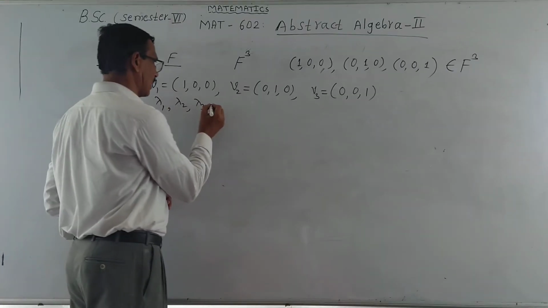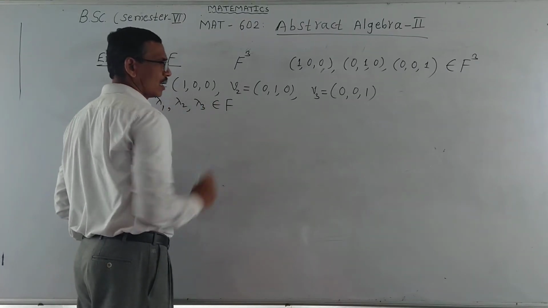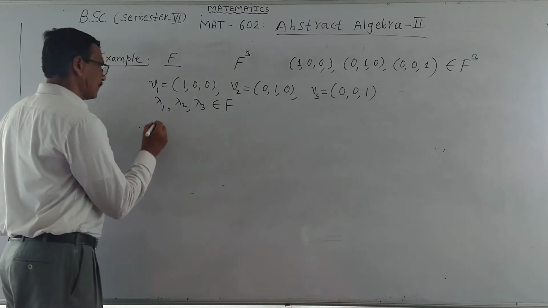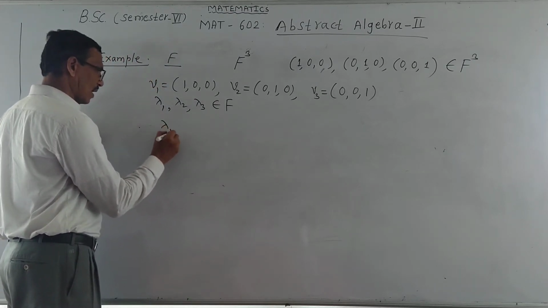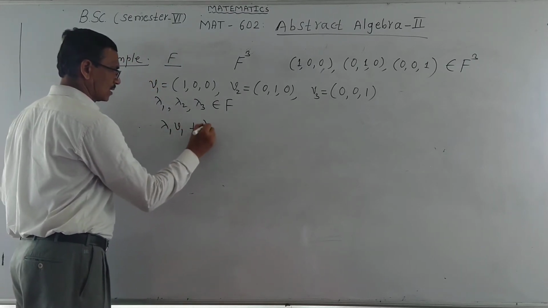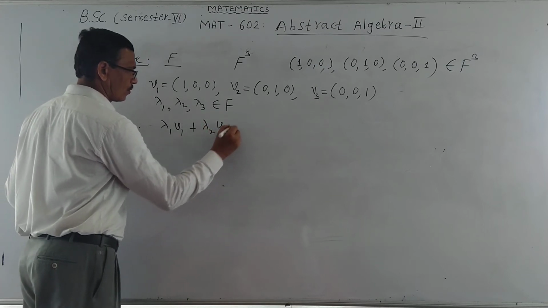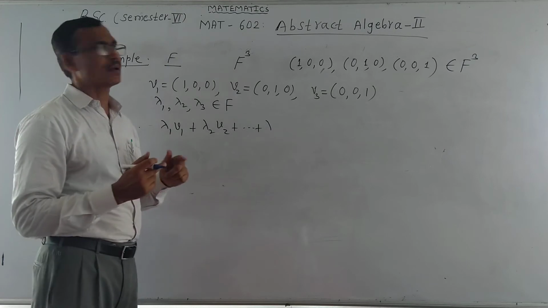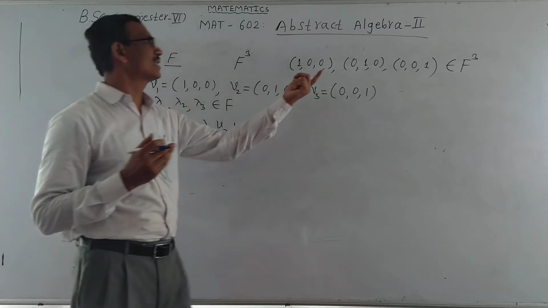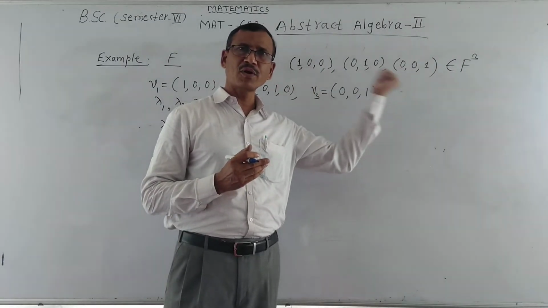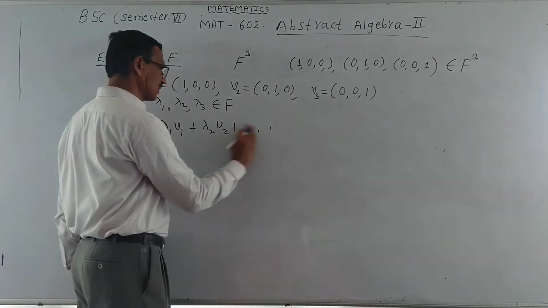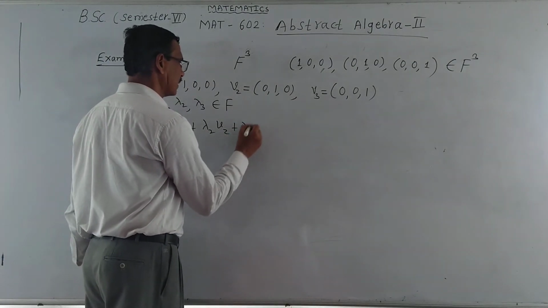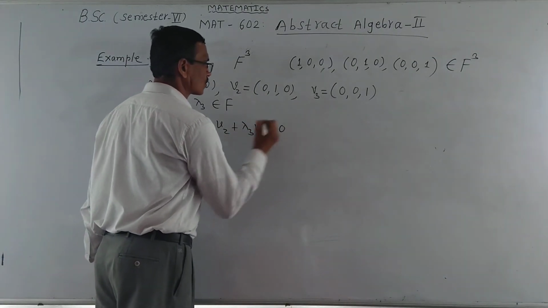Lambda 1, lambda 2, lambda 3 belong to F, such that lambda 1 V1 plus lambda 2 V2 plus up to lambda n Vn. But in this case, what is n? n is the number of vectors. There are only three vectors, so we go up to lambda 3 V3 equals 0.